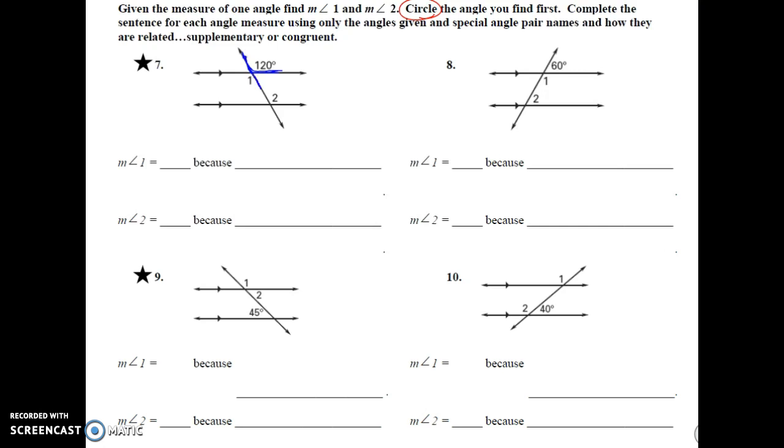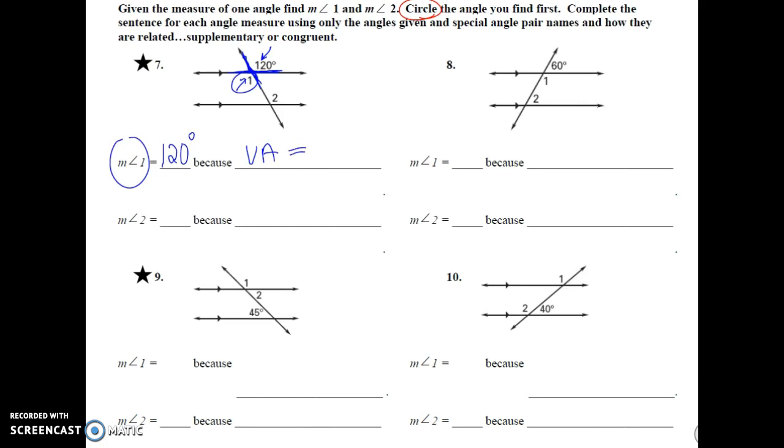I noticed that if I extend that, I have vertical angles, and that's from back in our original chapter, chapter 1. Those are always equal, and that's an easy thing to look for. So it's possible that you could say angle 1 first. The measure of angle 1 is equal to 120 degrees because vertical angles are always equal.